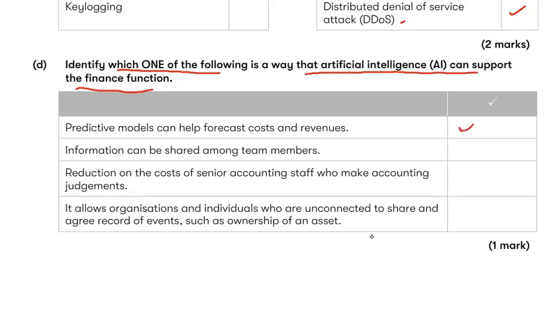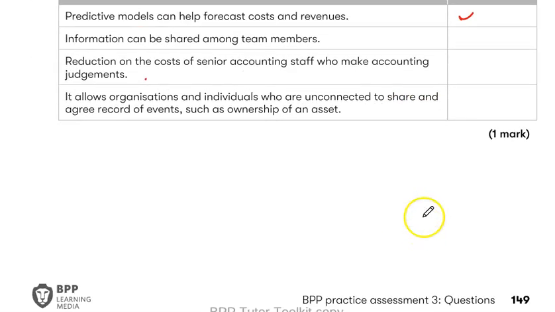Yes, I will say they can do it. Information can be shared among the team members. I don't think so. Reduction in the cost of senior accountant staff for making accounting judgments. So we still need the accounting judgment. I will not agree with this one. It allows organization individuals who are unconnected to share agreed recorded events such as ownership of the assets. No, I will go with the first one.